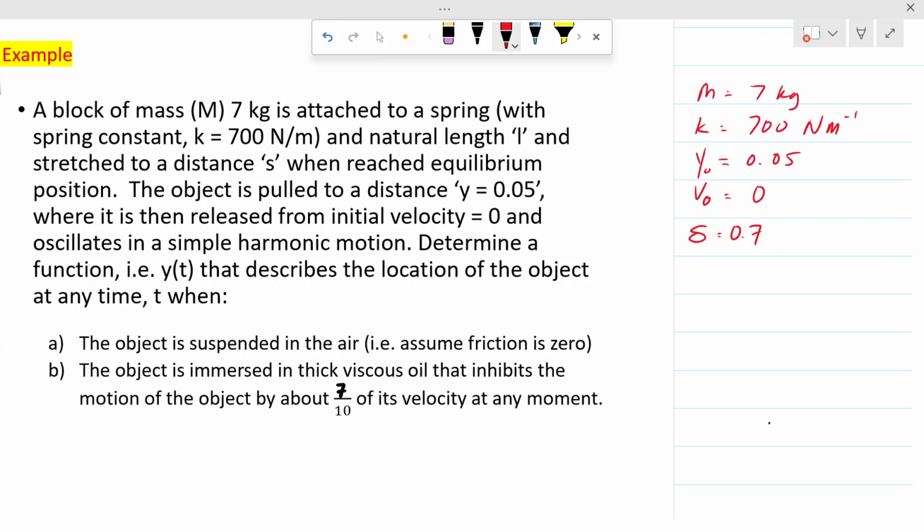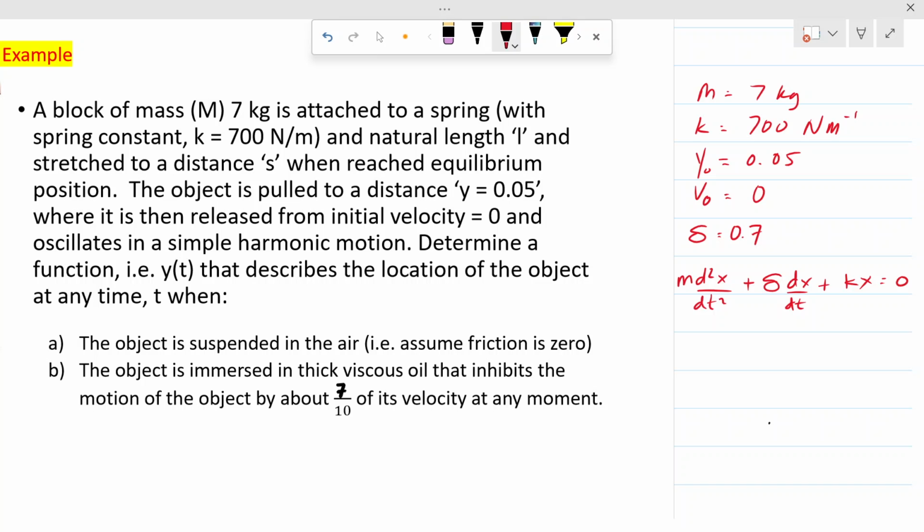Okay, so in this case, the overall differential equation, if you check in the previous video, is written as m times d square y, or x, that's fine too, over dt square plus that friction constant, which is proportional to velocity, dx over dt, and then the spring tension, which is proportional to kx, or the stretch of the object.